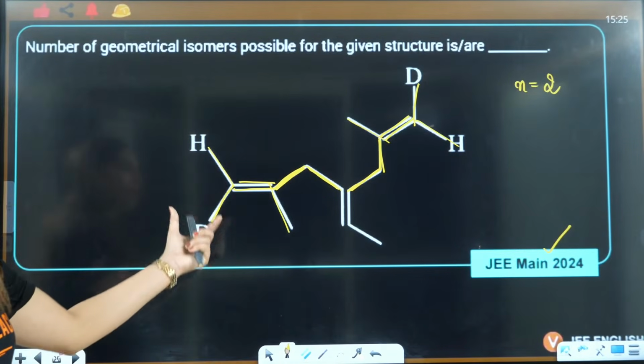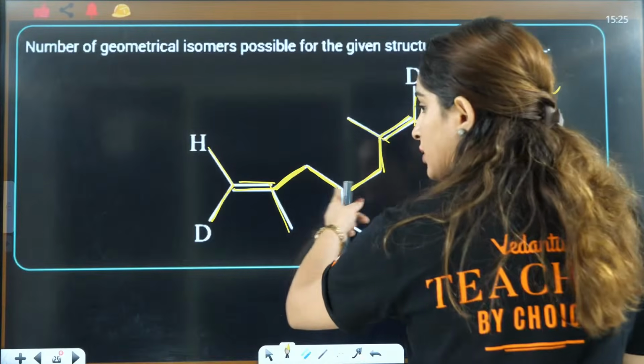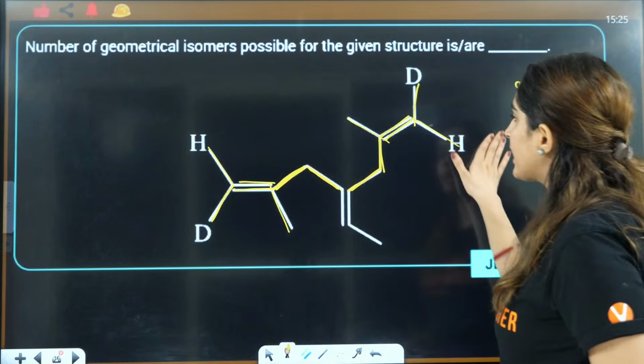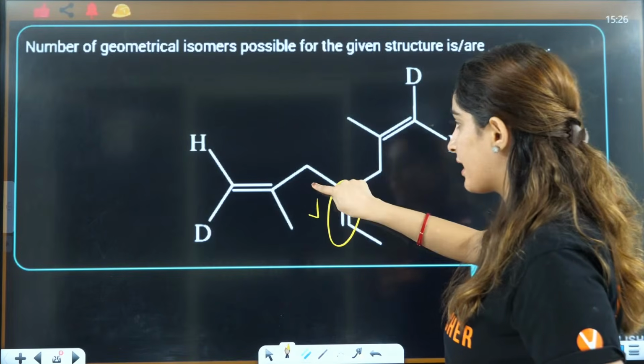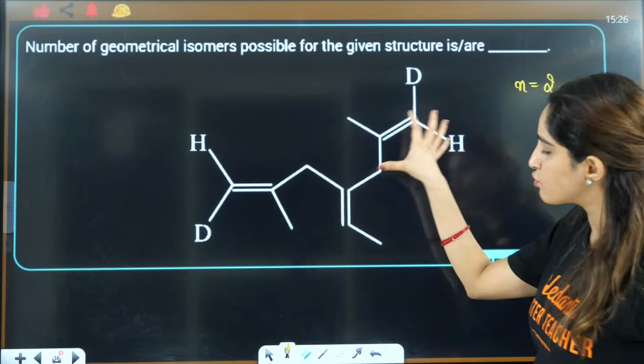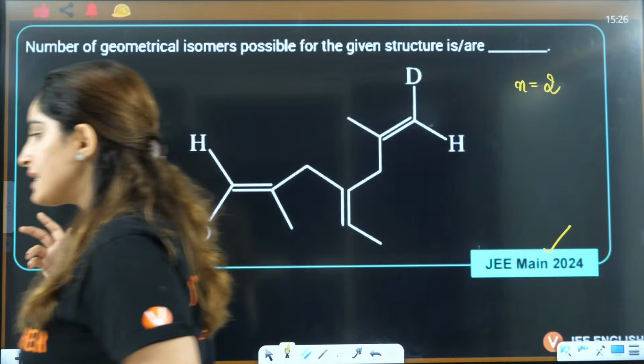Can you see that both things are the same only? So how have they confused you? So that in a hurry you write, okay, this is also a site of GI. But in reality, these two groups are the same only.